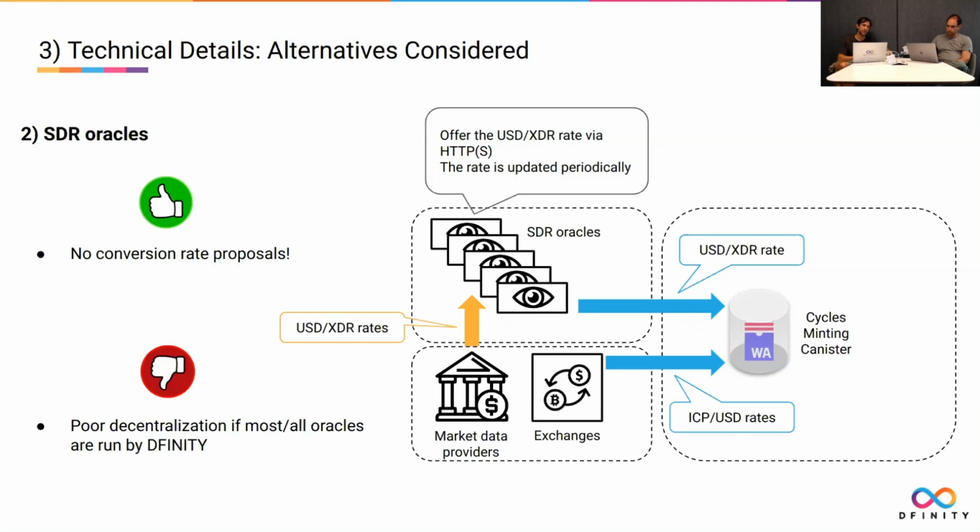The advantage here is we don't have any proposals anymore. So this is even better. But then again, if we don't provide any incentives to run such oracles, decentralization is still not great, especially if most or even all of these oracles are again run by DFINITY.